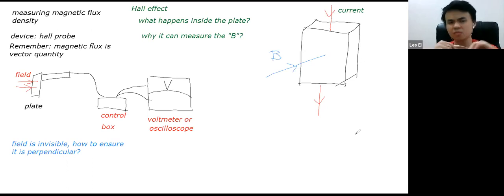So there are several versions of a Hall probe, depending on the price also, right? If the setup is quite complicated, you have to connect it to a voltmeter. Later, there is a relation between the magnetic flux density that you are measuring and the reading of the voltmeter.